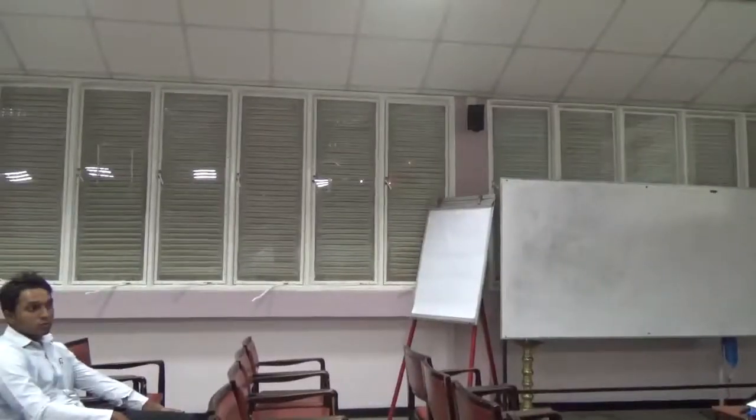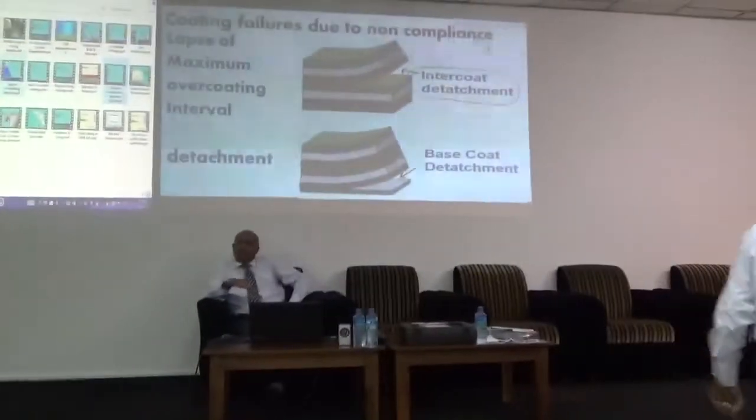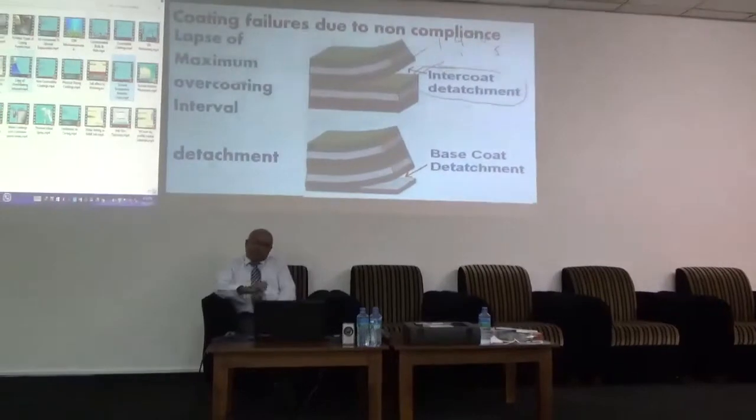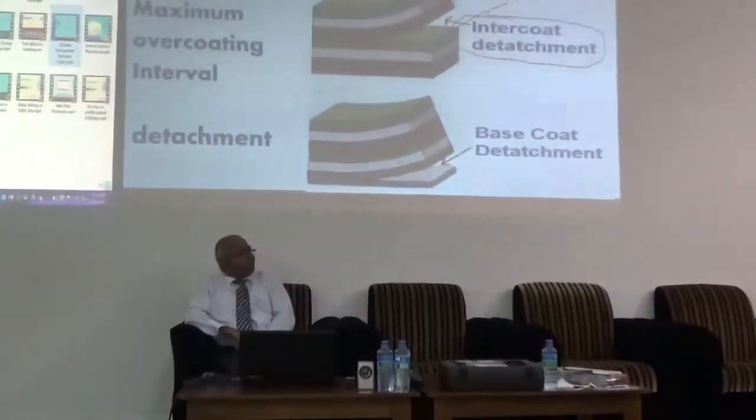So if there is oil on the surface, if there is moisture on the surface, there are stressors, sometimes it can detach. Even the profile. Yeah, sharp edges, sometimes edge coverage is not happening. So many reasons. There is profile. I will explain. If you don't get the sufficient recommended profile, it also leads to detachment.